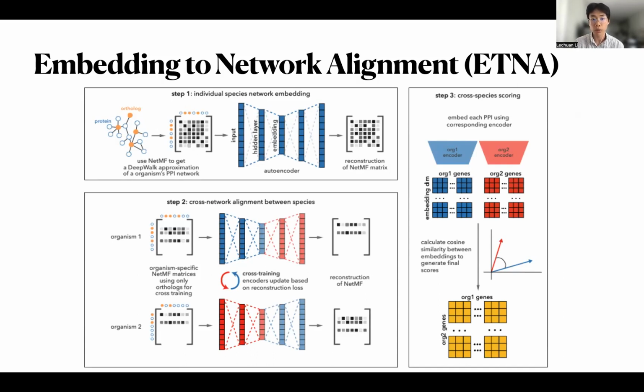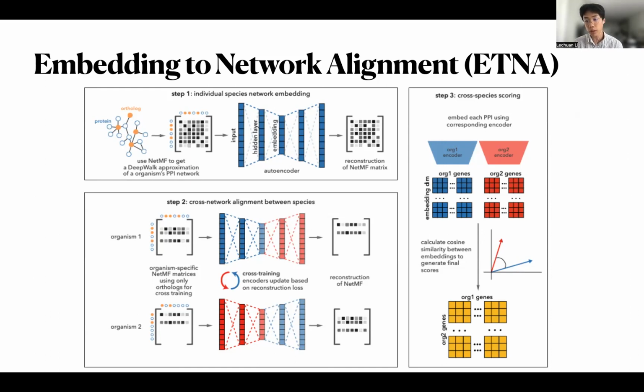The first step, we use an autoencoder to create individual network embeddings. Then when we have 2 species with 2 autoencoders, we use an idea inspired from the natural language processing field that swaps the encoder and decoder for 2 species to align the individual network embedding together to a joint embedding space.